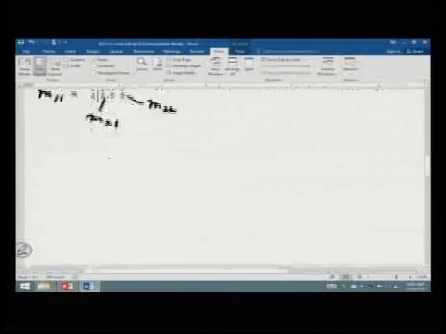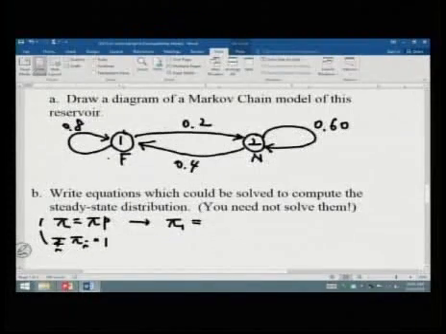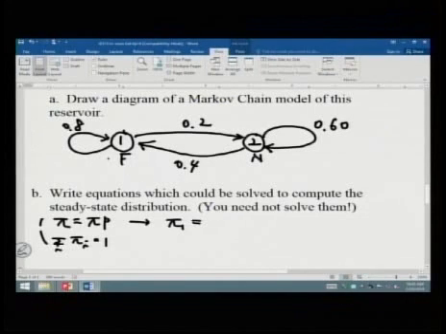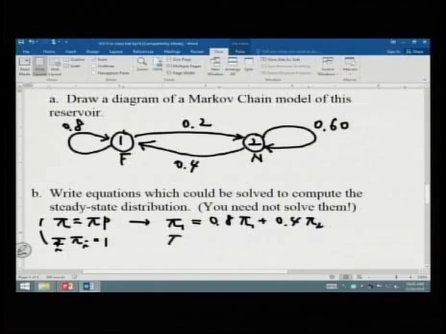That's what I'm going to write down here: 0.8 pi 1 plus 0.4 pi 2. Likewise, pi 2 equals pi times the second column of the P matrix. So it's going to be 0.2 pi 1 plus 0.6 pi 2.